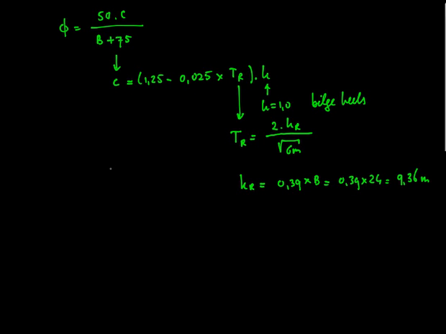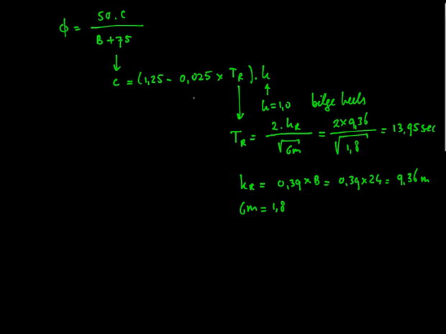Radius of gyration, and the GM, we know GM is 1.8. Well, we fill this in here. That means 2 times 9.36 divided by the square root of 1.8, and we get a roll period of 13.95 seconds. That looks nice.